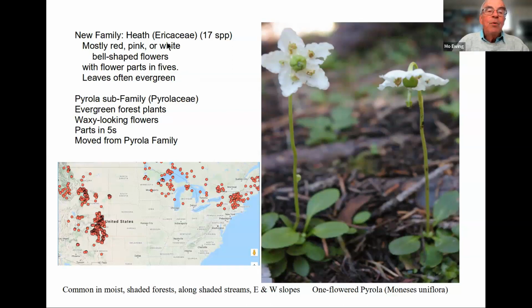This has now been put into the pyrola subfamily, whose keywords are evergreen forest plants with waxy looking flowers, parts in fives. And it was moved from the pyrola family in this genetic upheaval.